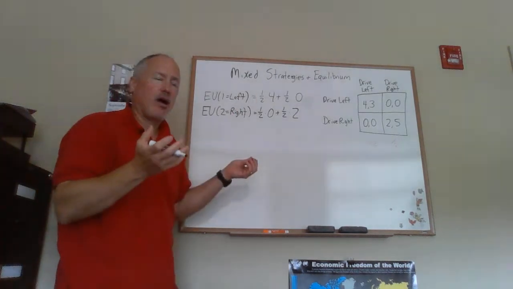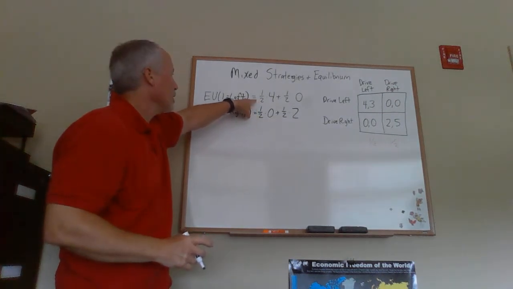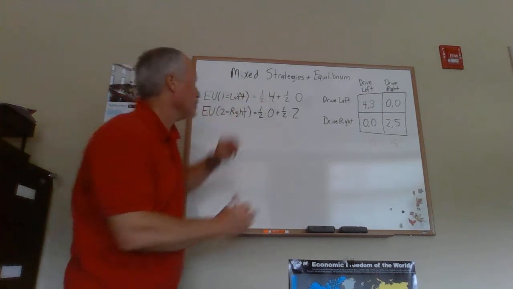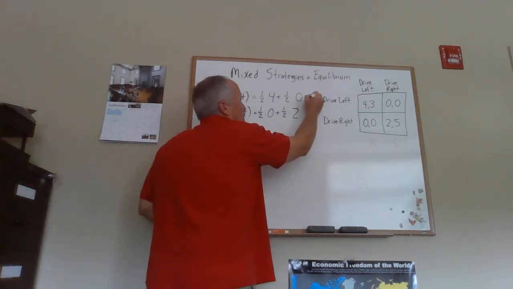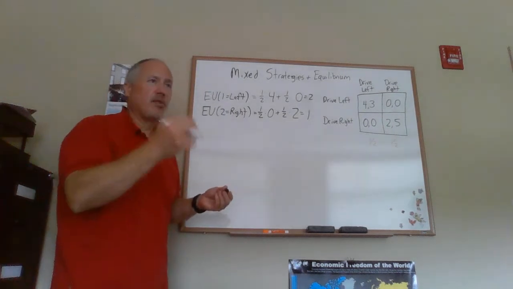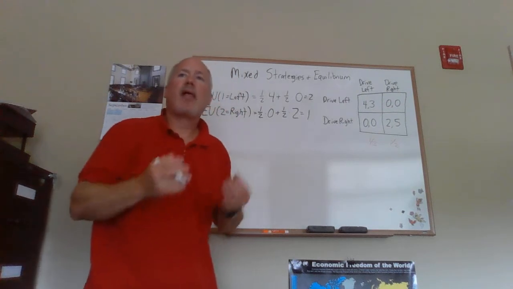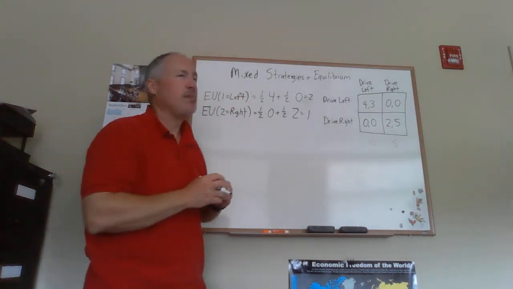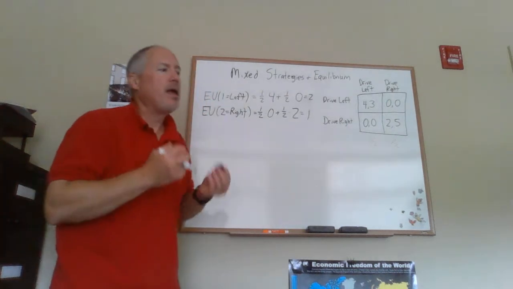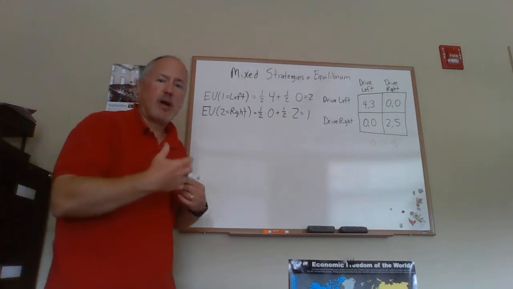You can just go ahead and calculate these values. And you can see that the expected utility for player 1 from choosing left would be 2, and the expected utility from choosing right would reduce down to 1. And so if player 2 was to play the strategy 1/2, 1/2, then player 1 would best respond by choosing to play the strategy left. So in this case we are able to figure out a best response for a player.